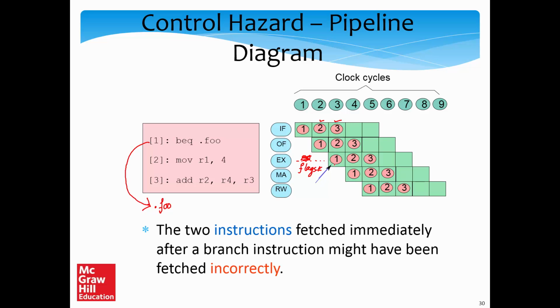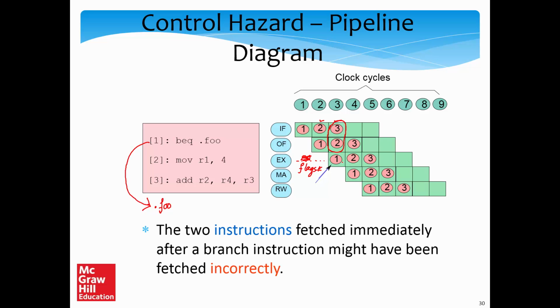Then in the third cycle, when we are making a decision about whether the branch is taken or not, the processor was busy fetching instruction number 3 into the IF stage. So maybe towards the middle or the end of the third cycle, we get to know that this is actually a taken branch. But by that time, we have fetched two instructions, instructions 2 and 3. We have fetched them from memory and they are in our pipeline.